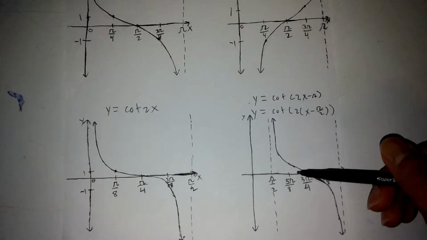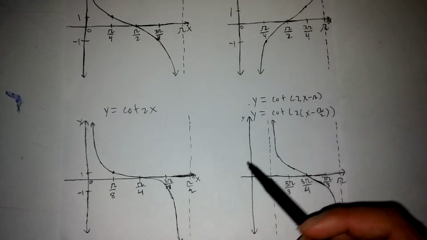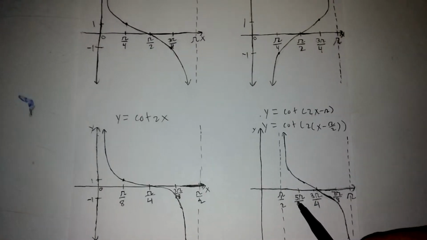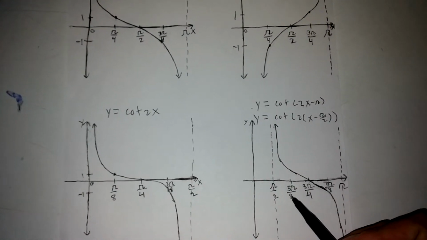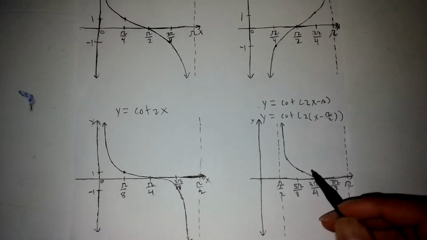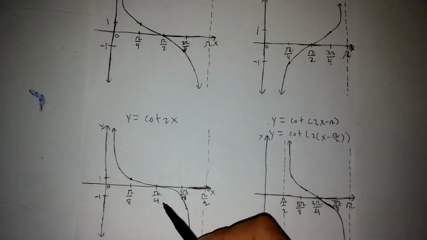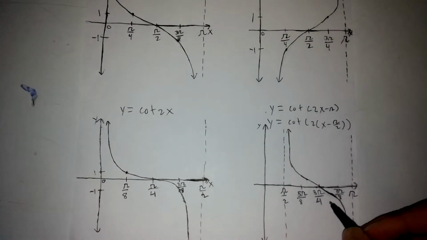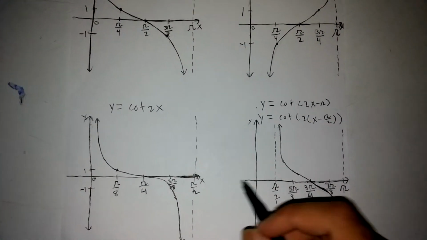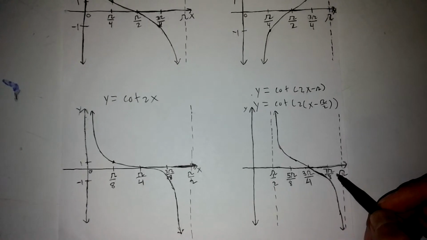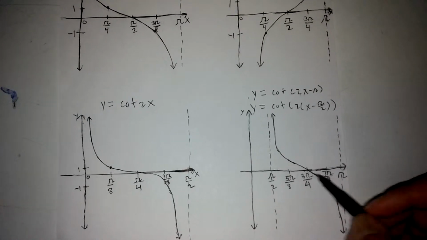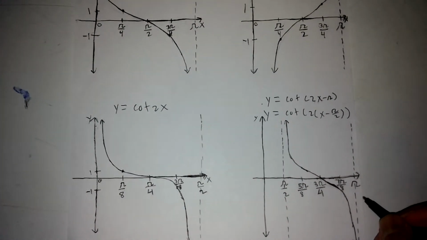So essentially the same thing, except we're moving our points. Instead of pi over 8, it's 5 pi over 8, since we're adding pi over 2. Instead of pi over 4, we're adding pi over 2, it becomes 3 pi over 4. And then instead of 3 pi over 8, it becomes 7 pi over 8, since we're adding pi over 2. As well as the pi over 2 and pi.